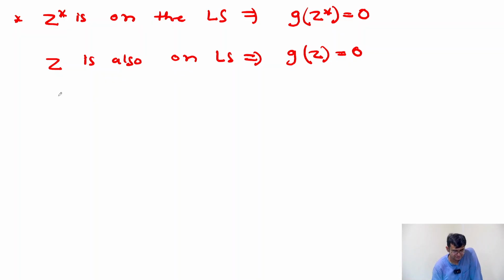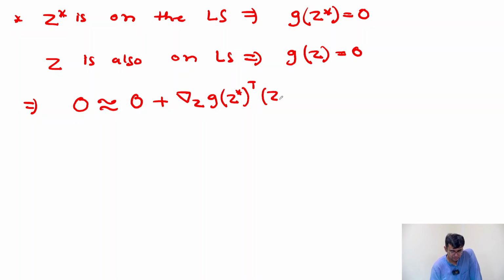So what do we get with this? What is the expression now? 0 is approximately equal to 0 plus grad g of z star transpose (z minus z star) plus half (z minus z star) transpose.